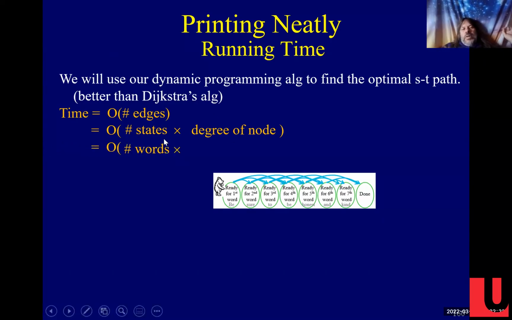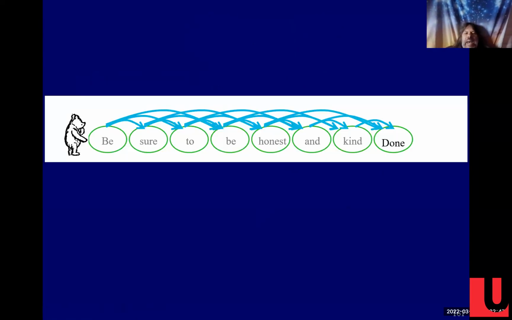In this case, the number of states in the graph is the number of words, and the degree of each node is the number of words that can be put on each line. If I'm in this state, the number of edges coming out is, do I put 1 word, 2 words, 3 words? How many words fit on a line? That's how many edges I have coming out. Does that make sense?